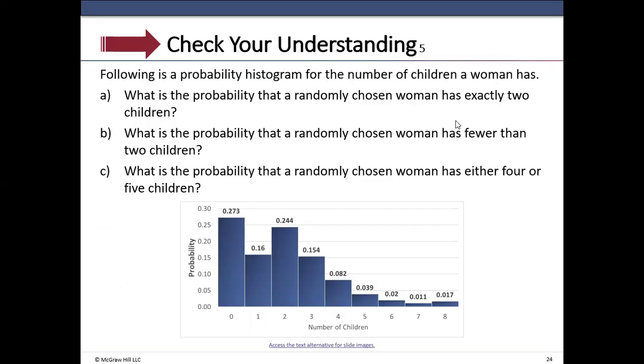Fewer than 2 means 0 and 1, so you add those two probabilities, or the heights of those vertical rectangles: 0.273 plus 0.16 is 0.433. What is the probability that a randomly chosen woman has either 4 or 5? Again, you add the relative frequencies, or the heights of those vertical rectangles: 0.082 plus 0.039, which is 0.121, I believe.